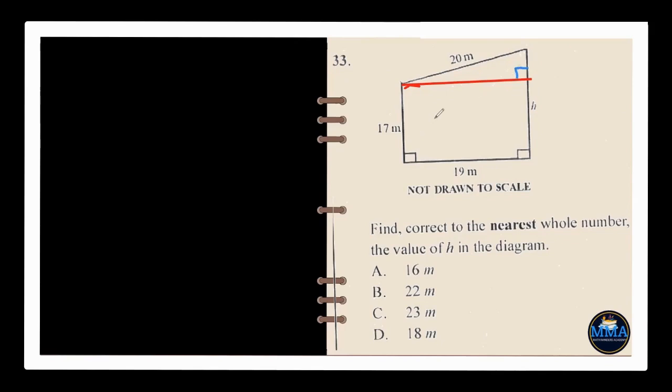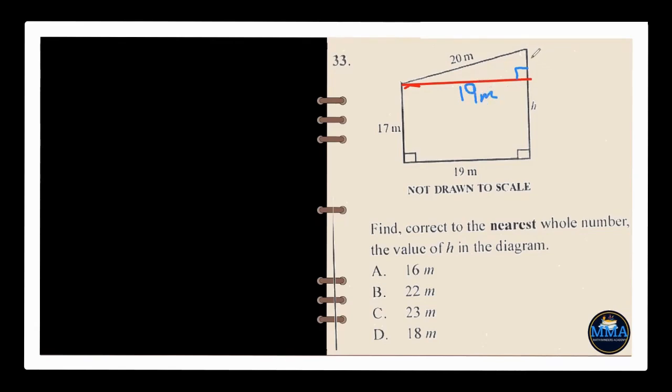So this is 90 degrees here. Why we do that is to get a rectangle here. So we have a rectangle here so that this length here, that is 19 meters, will also be equal to 19 meters here, the opposite side of a rectangle. So we have 19.